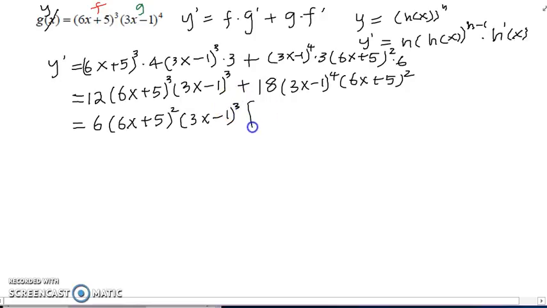Now we factor those out. The first term: I take away 6, so this would be 2. I take away (6x + 5) squared, so I have one more (6x + 5). And I take away (3x - 1) already, so that's just 1. Plus, if I take away 6, 18 becomes 3.